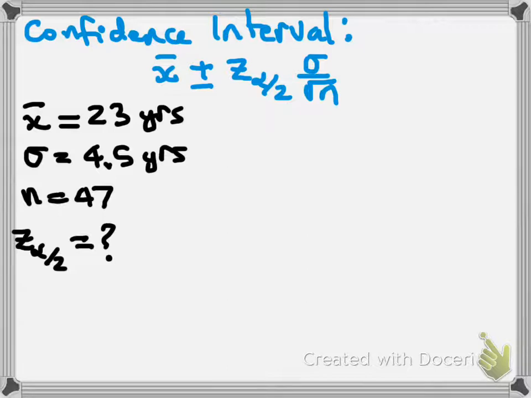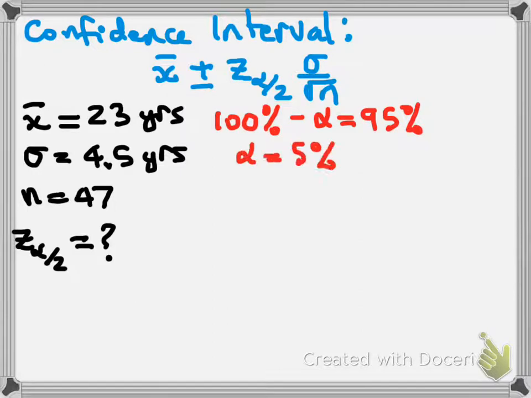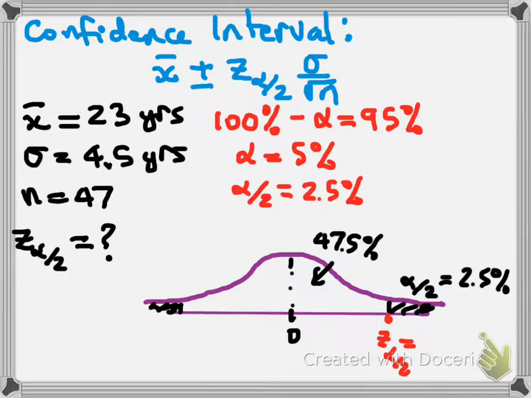We need to know z sub alpha over 2, which is the z-score that corresponds to the confidence level. The confidence level is 95% according to the question. And we said that is 1 minus alpha. So that's 100% minus alpha, and your confidence level is 95%. If you rearrange that equation, you will find that alpha is 5%. That alpha is the area in the tails of your normal distribution, which if you split in 2, you will get 2.5% for each side.